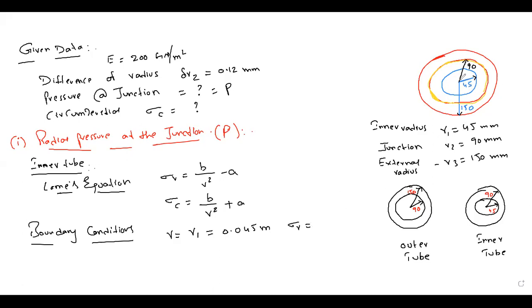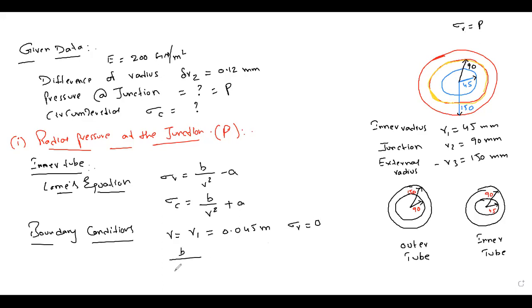We all know when the cylinder is subjected to internal pressure, sigma r is equal to P. So when there is no internal pressure, what is sigma r at R1? It will be 0, because there is no internal pressure. Understood?